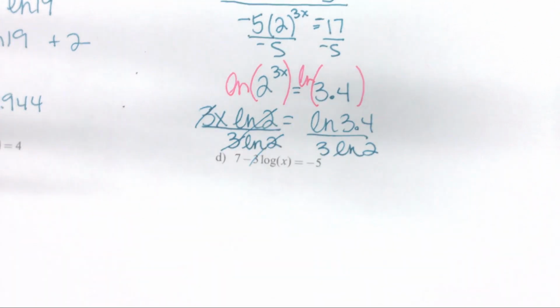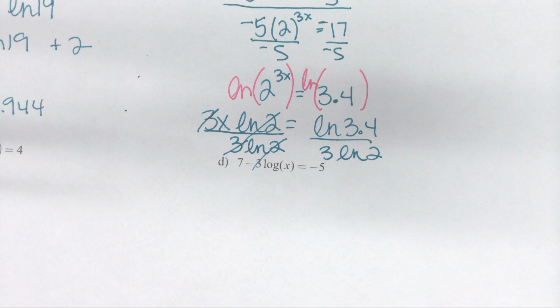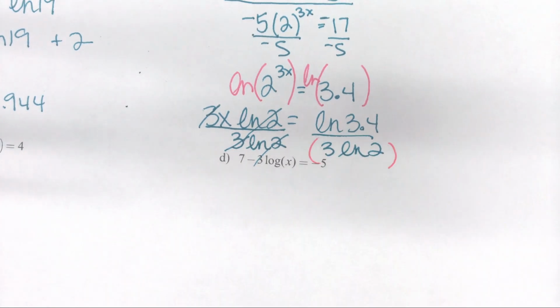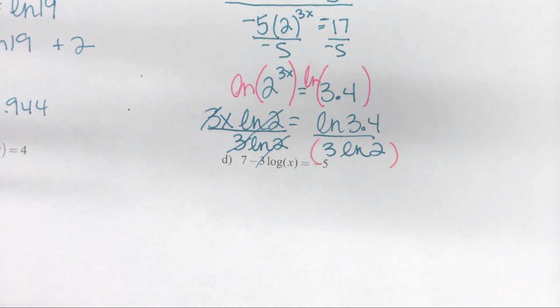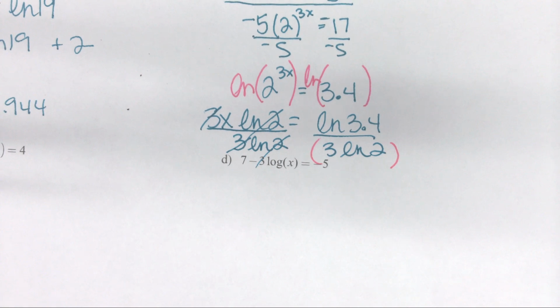All right, so in order to figure out what x is, I'm going to take the natural log of 3.4 divided by 3 natural log of 2. You can either do it in 2 separate steps, or you can use parentheses around the entire bottom. If you don't use parentheses, your calculator is going to multiply the last thing rather than divide it. So you want to be careful of that.